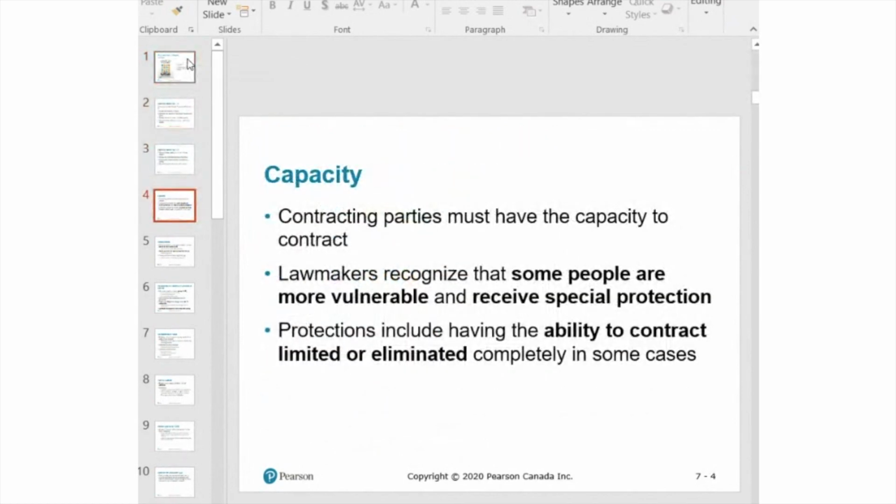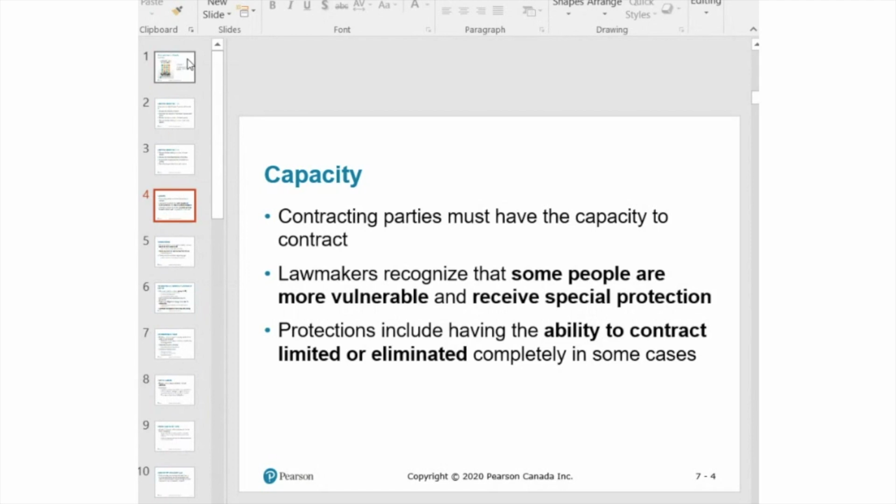So what is capacity? Capacity is related to someone or an entity, a company, or a corporation that has full capacity to enter into a contract. In general, everyone has capacity to enter into a contract. However, the law understands that some parties are more vulnerable.